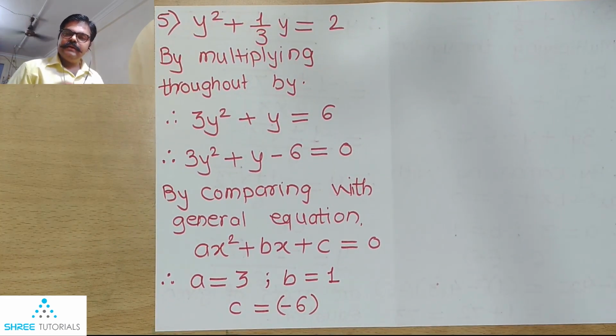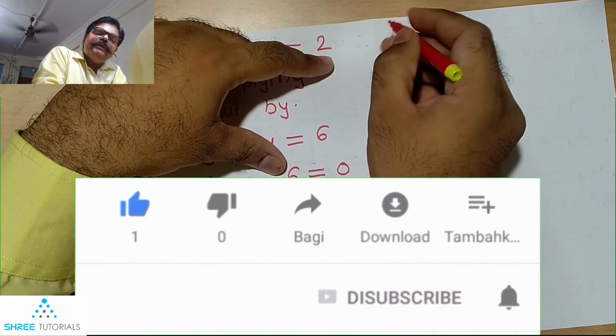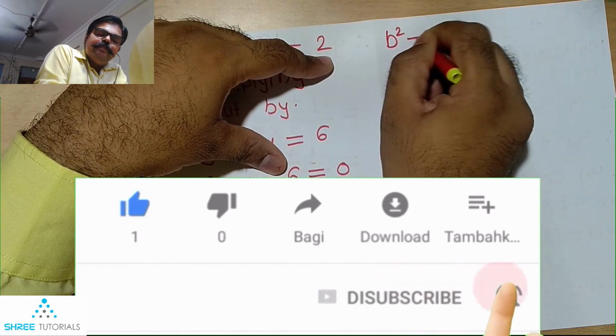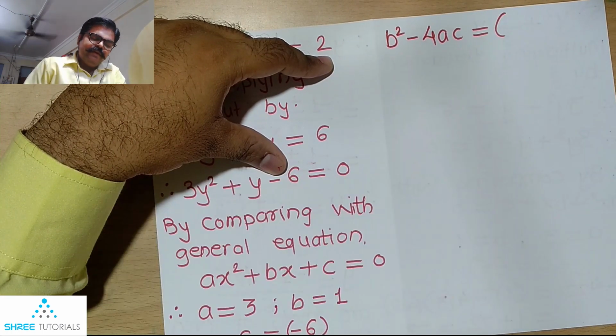Now once the comparison has been done and values of the constants have been received, we will be calculating an important component for the formula. What exactly is that component? That is b square minus 4ac. So what exactly is b's value they have given us? B's value was equal to 1.